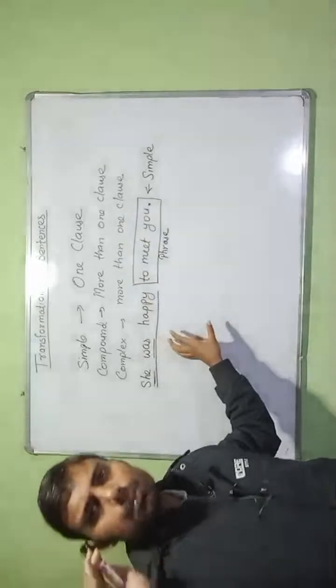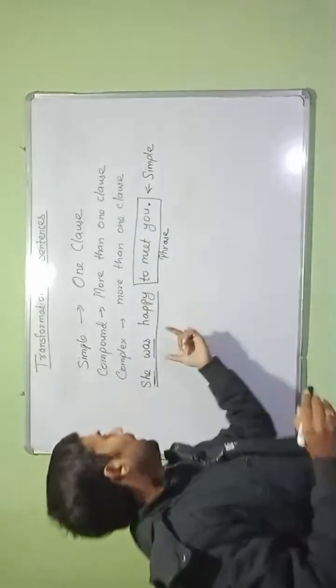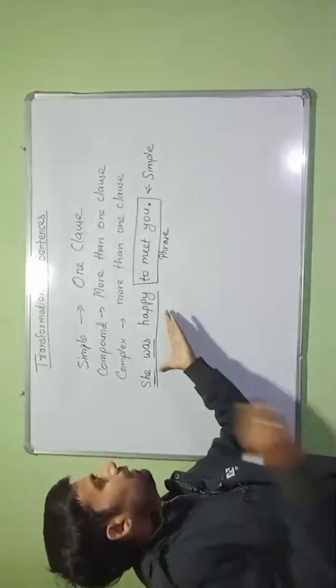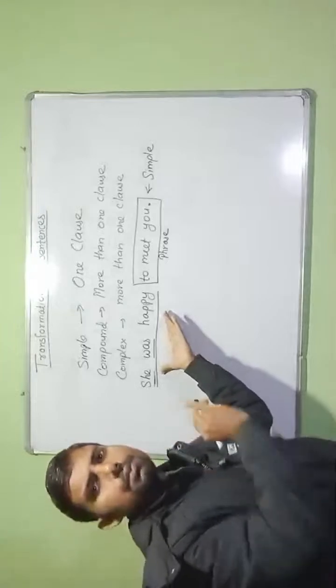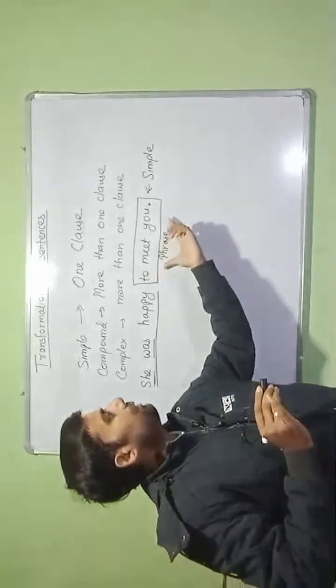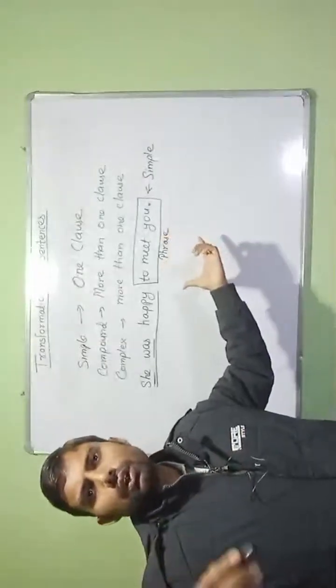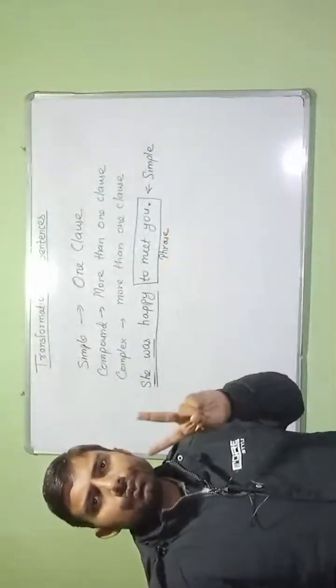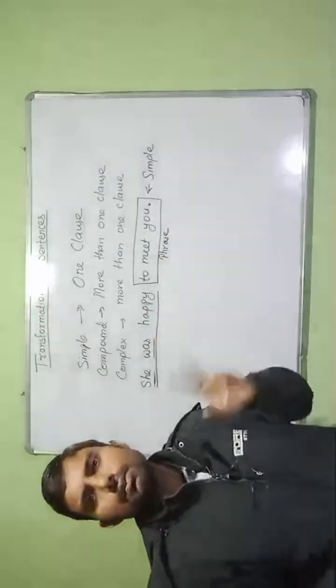That is your primary goal. What you need to keep in mind is that you should leave the clause as it is, right? One clause you already have, so let that be there. The other phrase which you have, try to change it into a clause. In that way you will have two clauses, and the sentence will not remain a simple sentence anymore.